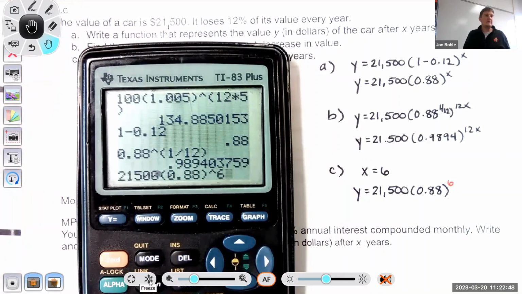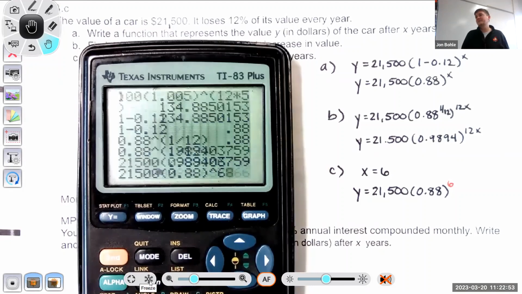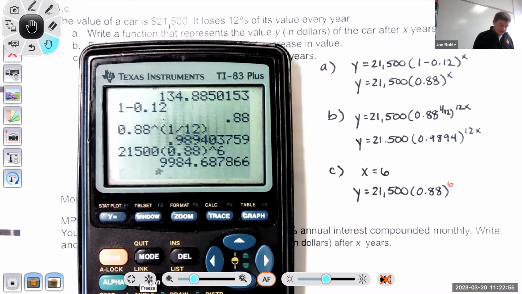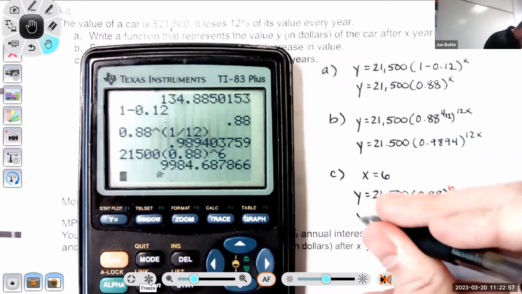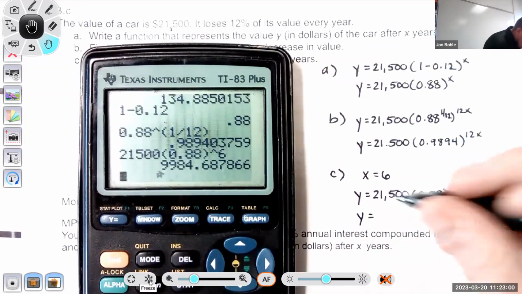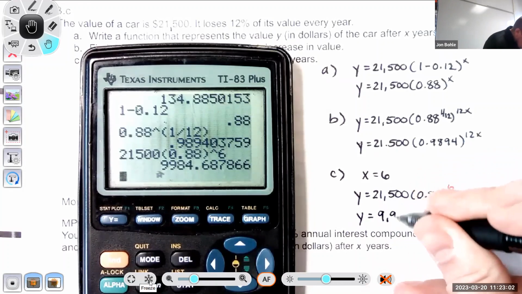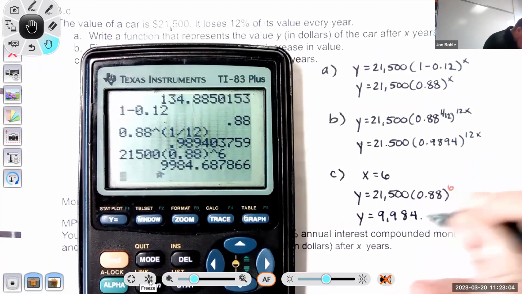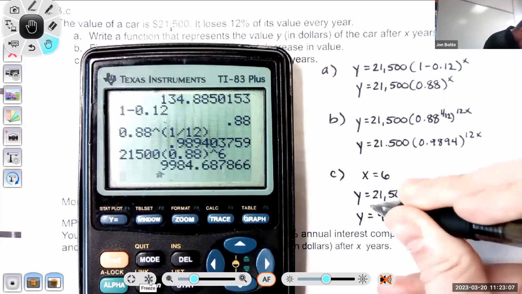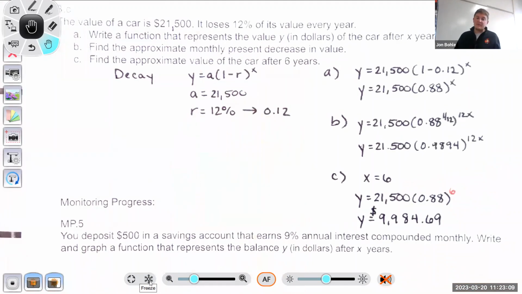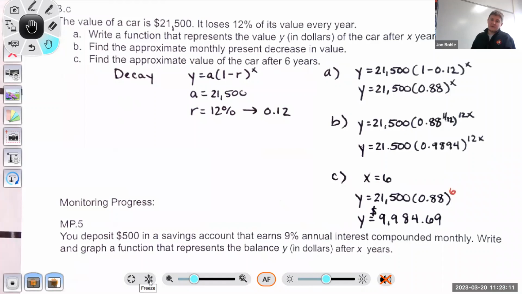Guesses after 6 years, without using a calculator? $10. Well, it's 10,000 though. You're a little closer on the previous guess, I believe. So after about 6 years, the value of this car is going to be about $9,984.69. And even then, I think a typical car is probably going to lose value after that.